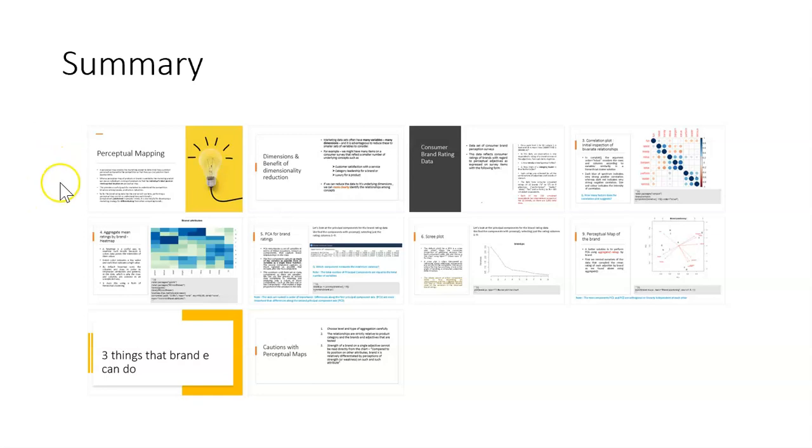So this is a quick summary that we will discuss in this session. Perceptual map, what is dimension reduction. We'll also see one brand rating data set and we'll understand how to do this analysis in R, how to create correlation plot, how to create heat maps, and how to devise strategies.